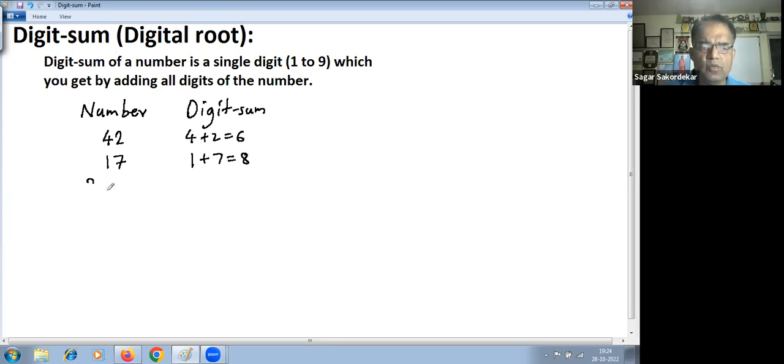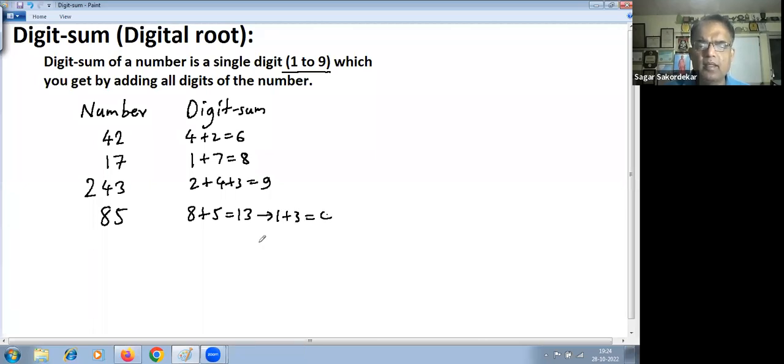If the number is say 243, 2 plus 4 plus 3, 6 plus 3, 9. If the number is say 85, 8 plus 5 is 13, but 13 cannot be a digit sum. You can see the definition here. The answer has to be 1 to 9. So you have to continue adding. So 1 plus 3, 4. So digit sum of 85 is 4.